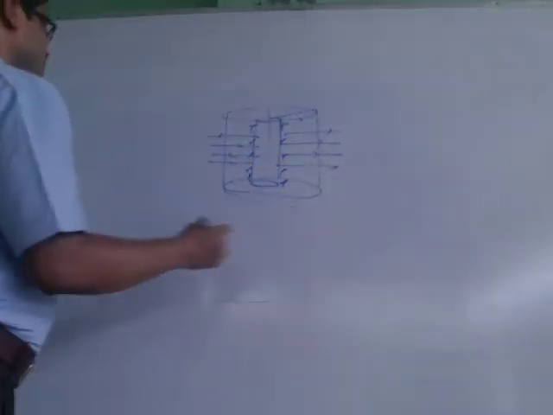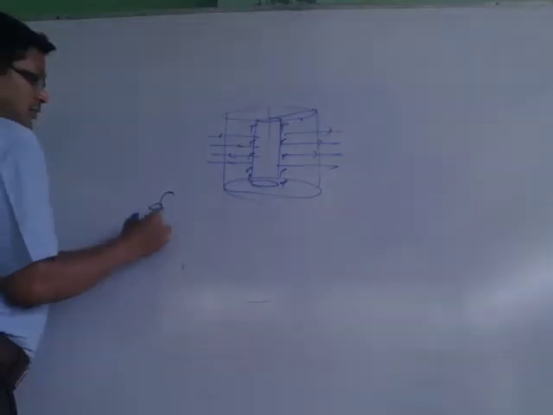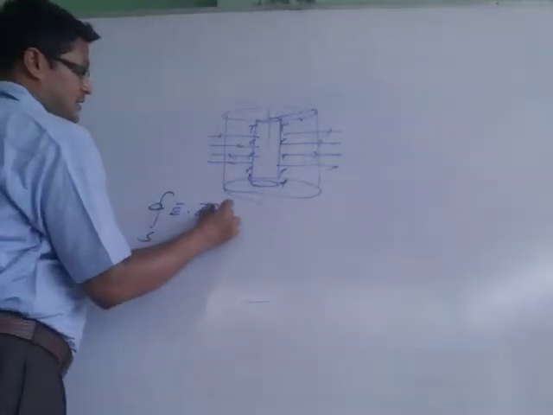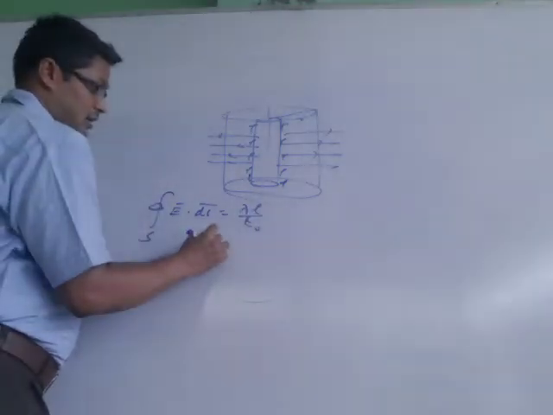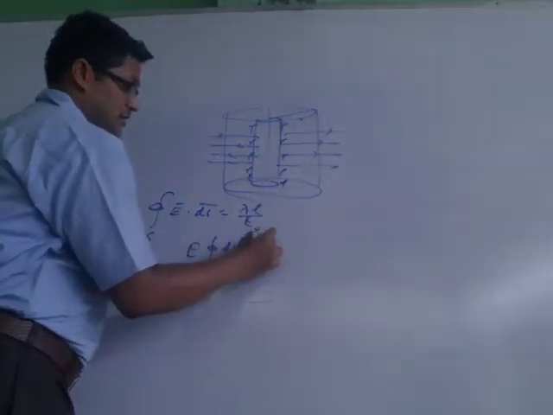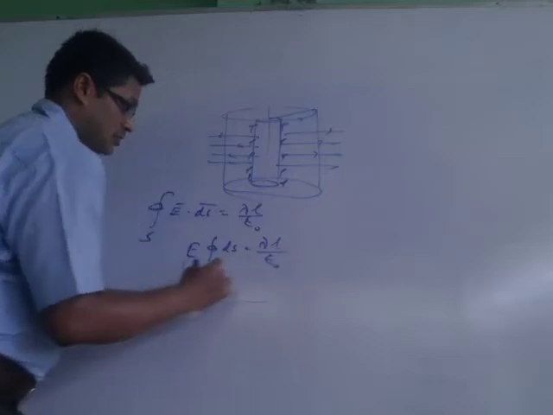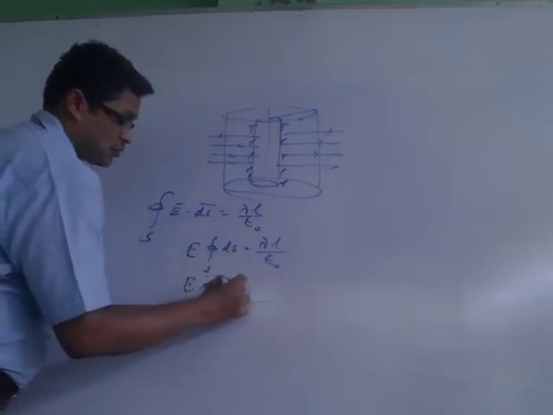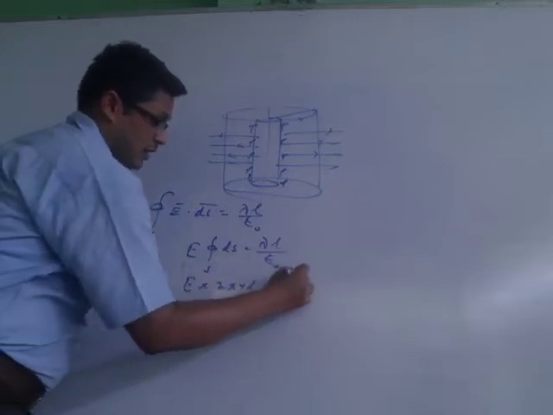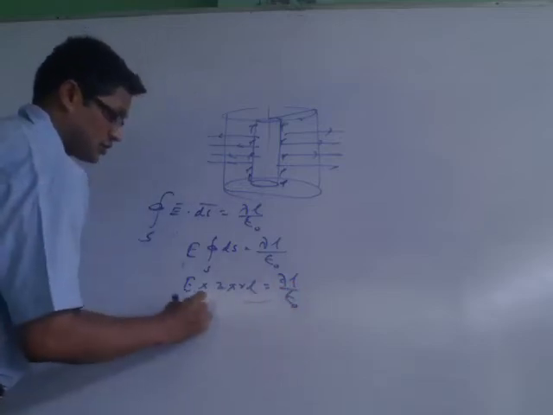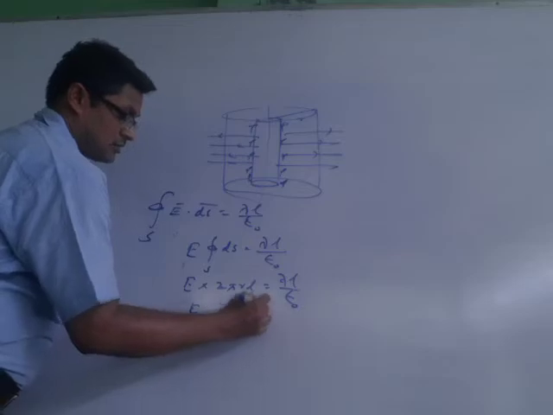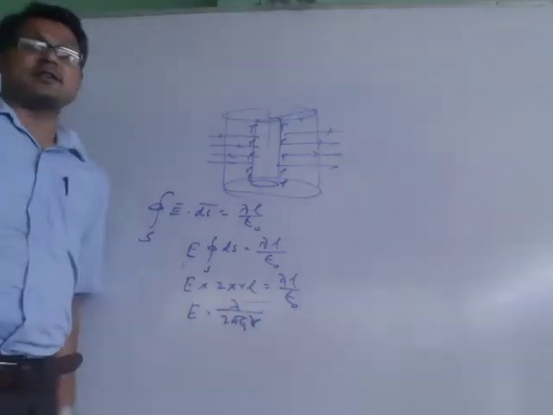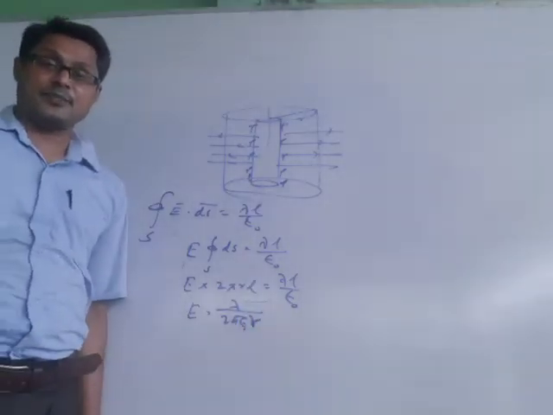Now again using Gauss theorem, closed integral E dot ds equal to lambda L by epsilon 0, or E into 2 pi r L equal to lambda L by epsilon 0. So E equal to lambda by 2 pi epsilon 0 r. This is the intensity due to a charged cylinder.